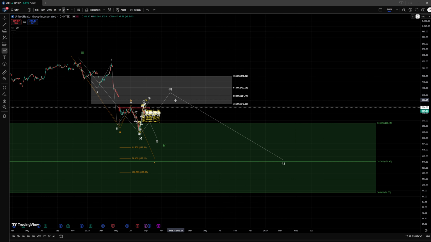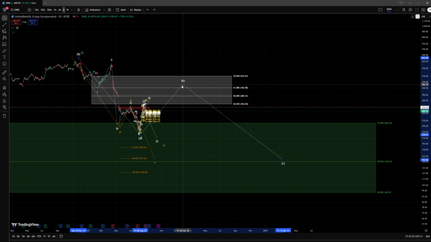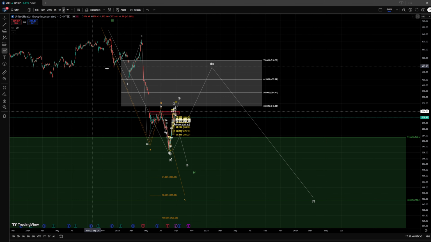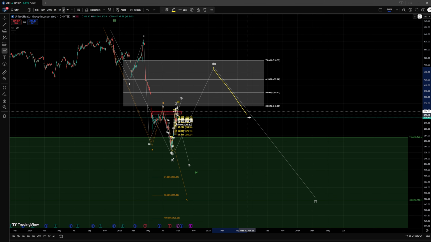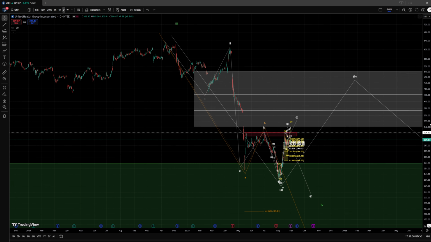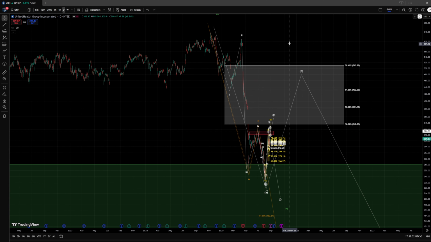Now it can go at any of the levels, any of the prices within this range, and still have the same probabilities that we are still yet to form a C wave to the downside once this correction in a B wave is complete.